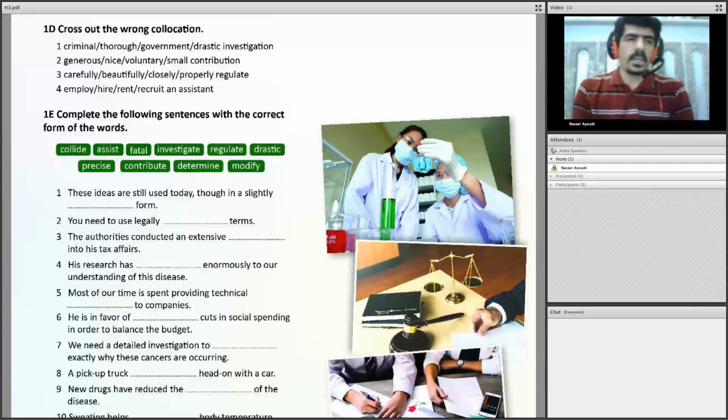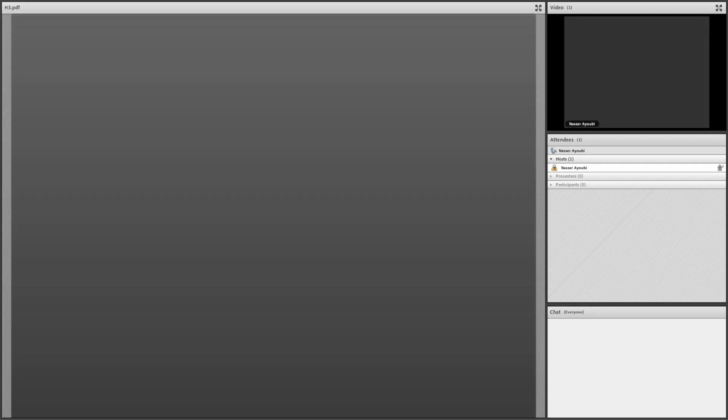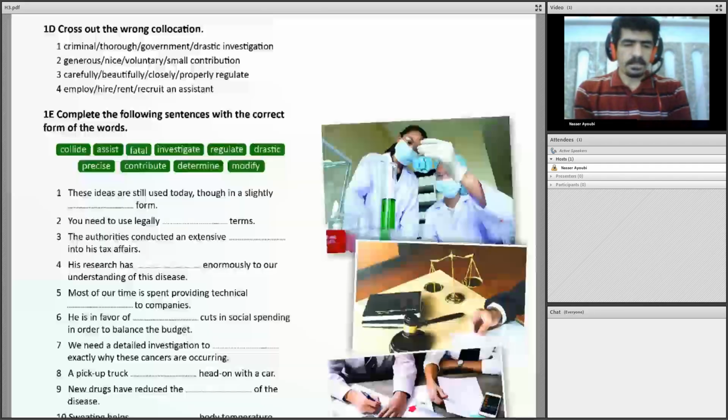Next, drastic is the odd one out that we are going to regulate. Beautifully is the wrong one. The others are correct. 4. Employ, hire, rent, recruit, and assistant. Rent and assistant is not a proper collocation.